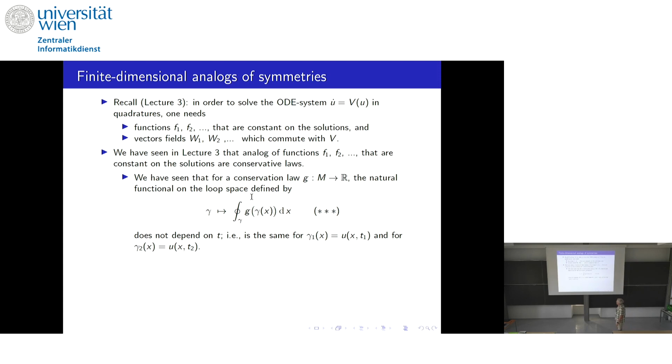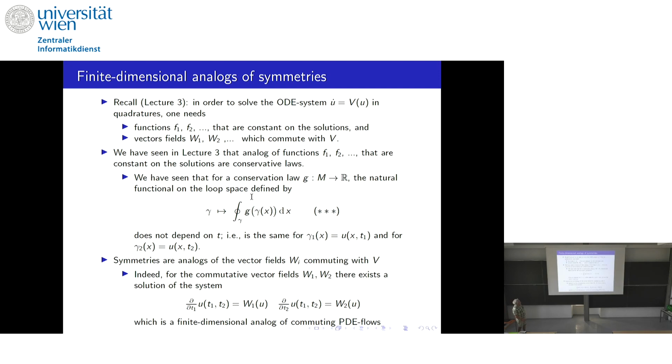And for a conservation law, the natural functional on the loop space, a functional on our particles, which are curves, is defined by the only natural way to define a function on a curve: by integrating along x. It doesn't depend on t, it is the same for any time t along our flow.